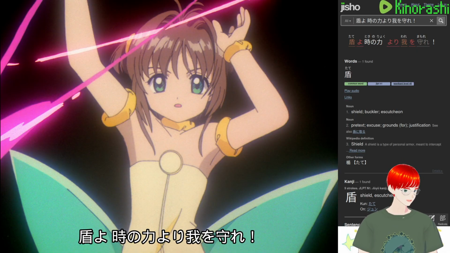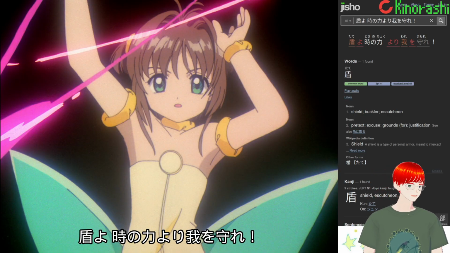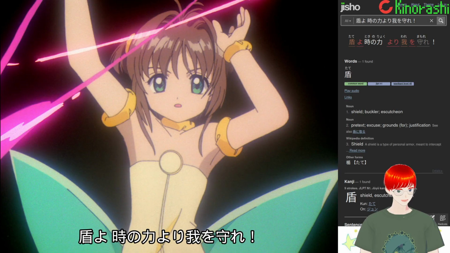Let's see. Tate, shield. Okay. Toki no chikara, power, strength of time. Yori, the key grammatical particle here. Okay. Ware, me, I, an archaic, poetic first person pronoun. Mamore, protect. Detailed usage: in this specific context, Yori functions as a comparative particle, meaning than.